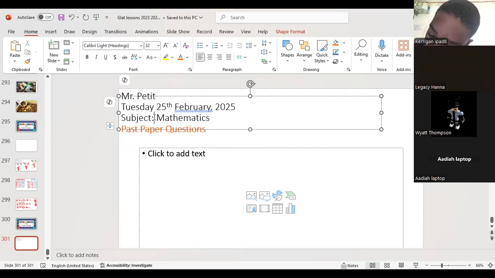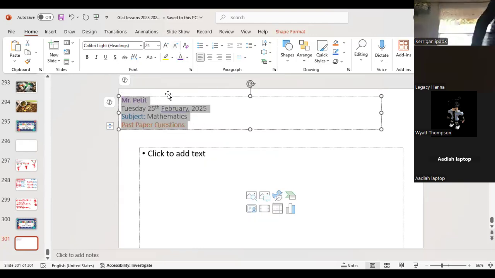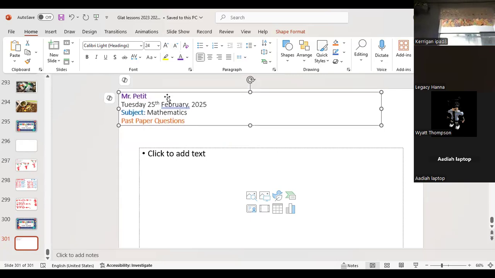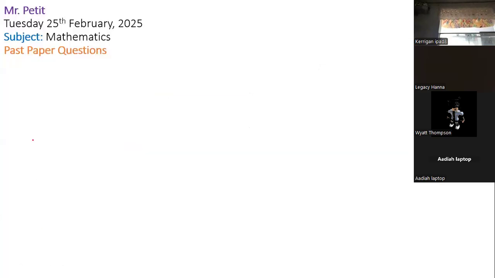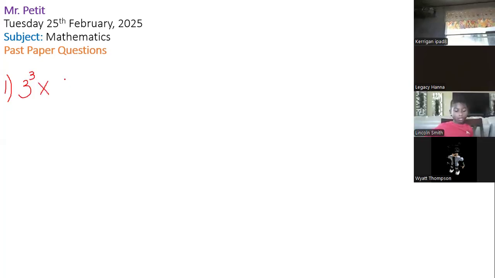All right, so let's go ahead and answer these questions. Question number 1: what is 3 to the third power multiplied by 6 squared?